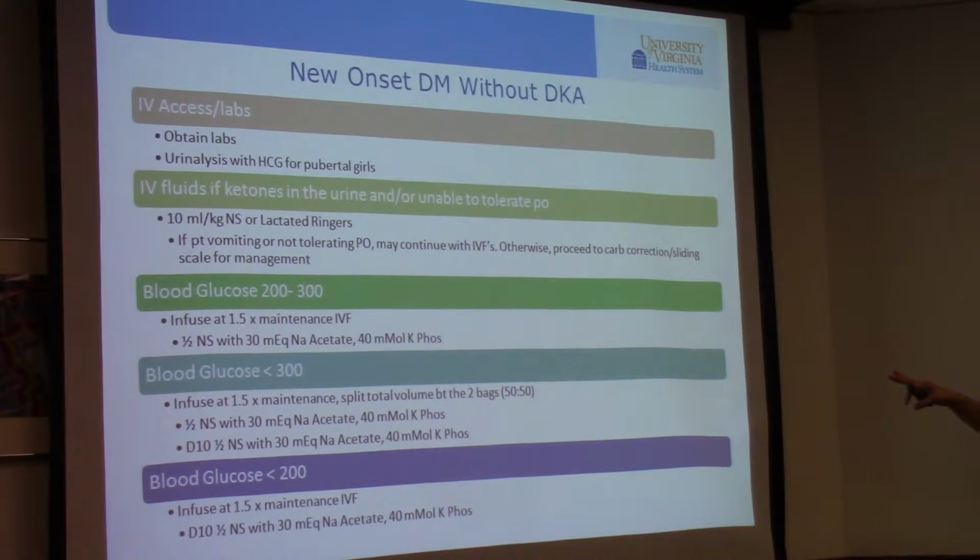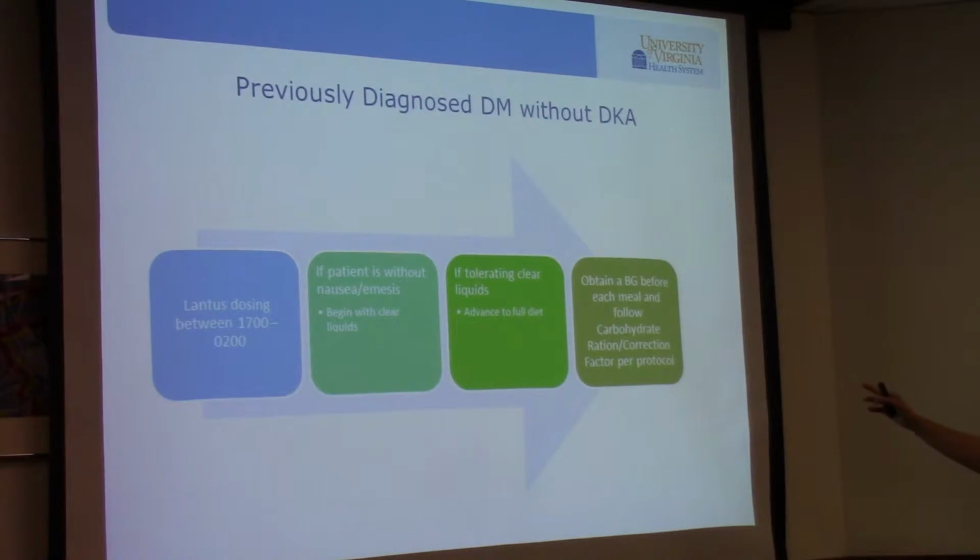So this was a pretty good example of the little girl that I just had just a few minutes ago, because she came in, she's 10 years old, she's 84 kilos. Wow. So we gave her 10 per kilo as a normal saline. We got her blood work back. She was not acidotic. She was tolerating clear liquids okay. So what we did for her is we went straight to the carb ratio correction factor for her.